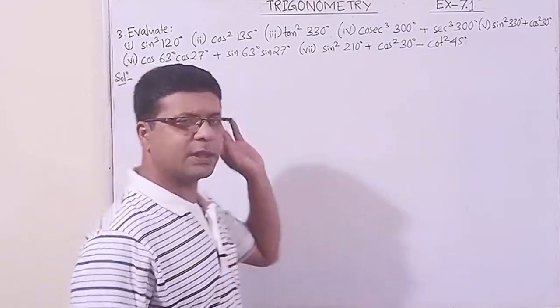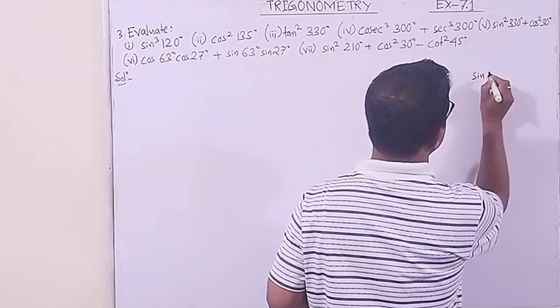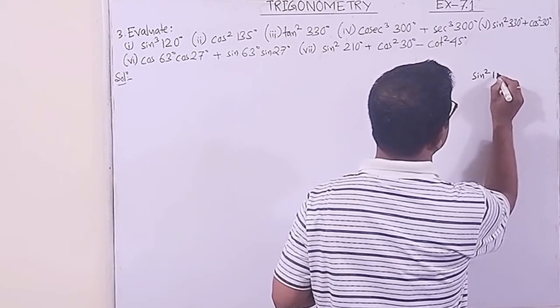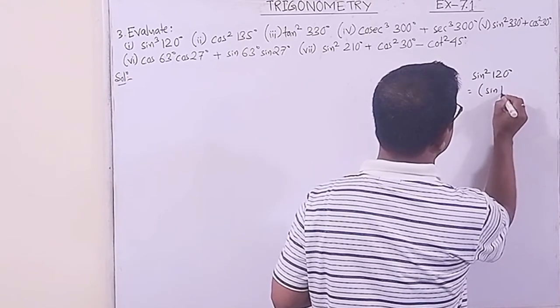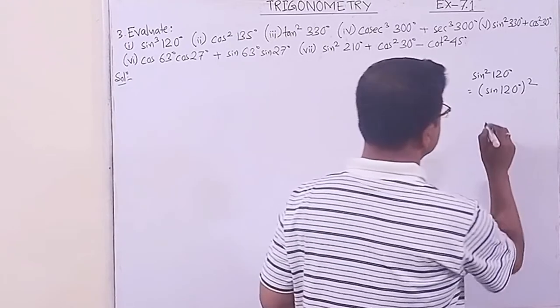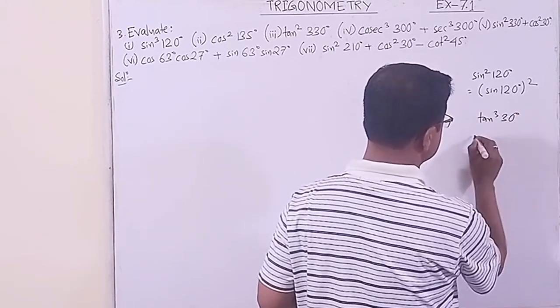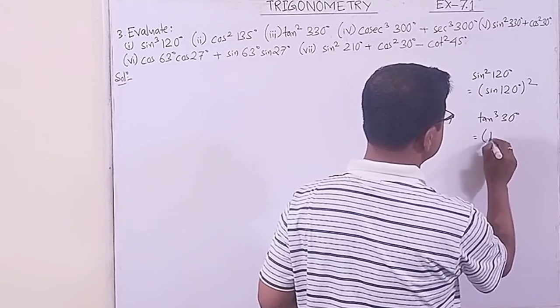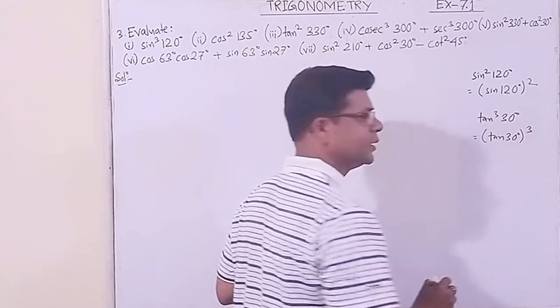Now at first, before starting, I want to say something. What is the meaning of this? Suppose sine square 120 degree. It means sine of 120 degree, its square. Suppose tan cube 30 degrees. What is the meaning of that? It is tan of 30 degree, its cube. Got it?